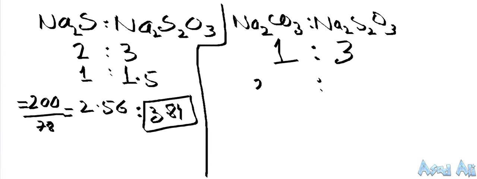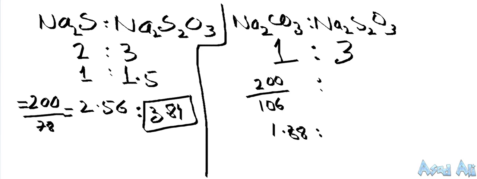The number of moles of Na2CO3 is 200 divided by 46 plus 44 plus 16, that gives 106. Now the number of moles will be 1.88.